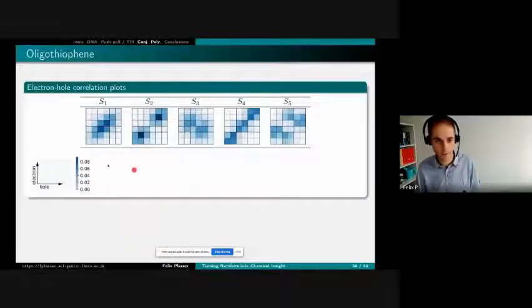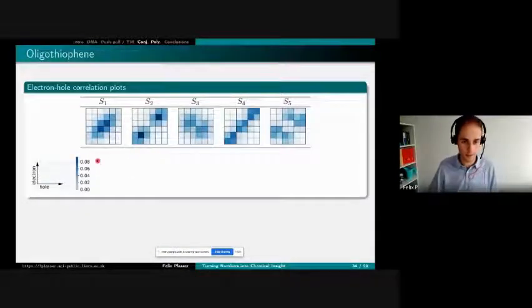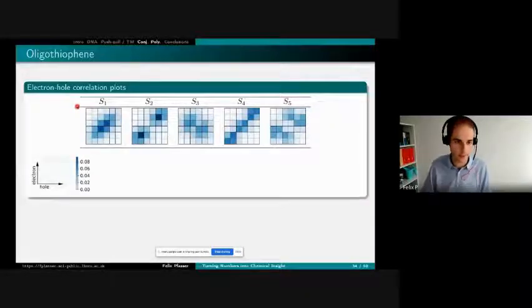So this is for those 5 states discussed. Here we always plot the hole along the x-axis and the electron along the y-axis. And the shade gives us the probability. For example, here the highest probability is that the electron and hole are both on the 3rd or both on the 4th fragment.